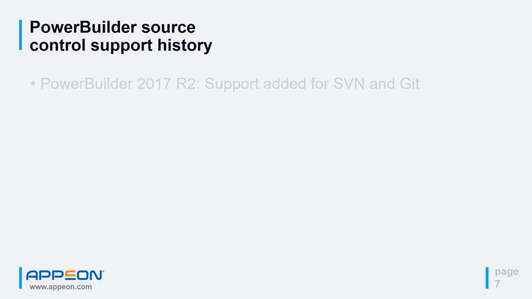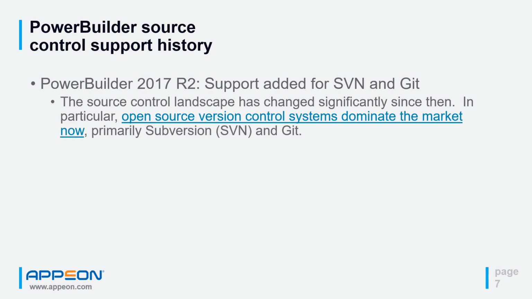But you don't have to do that anymore because it's 2017. Appeon has released R2, and it provides native support for Subversion and Git. And the reason that was important is because the source control landscape has really changed since the PowerBuilder 6 days. Back then, there were still a lot of major vendors out there, proprietary systems that were being used for source control.